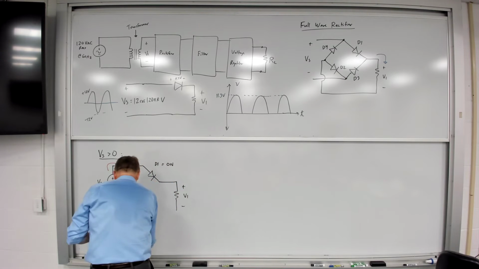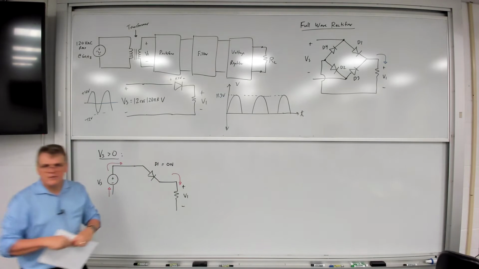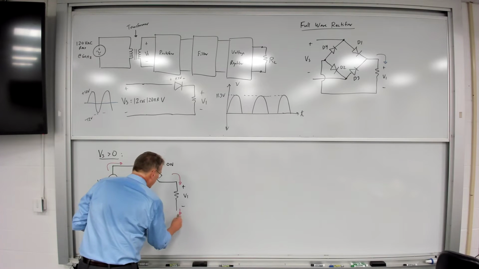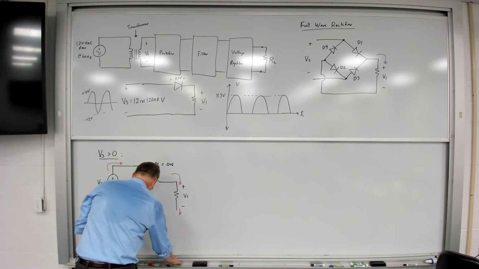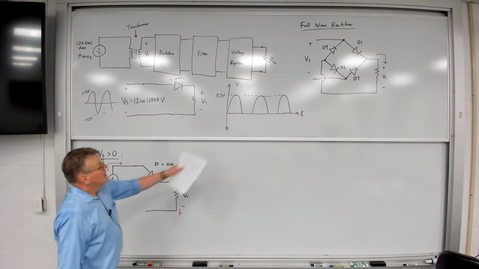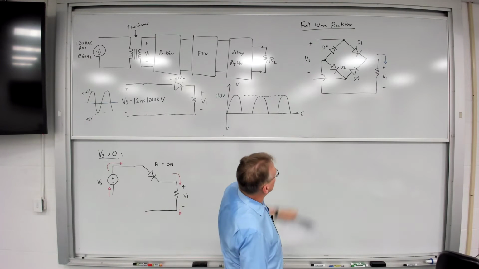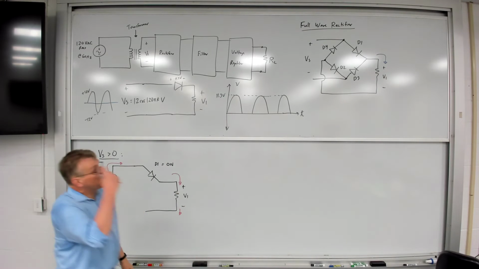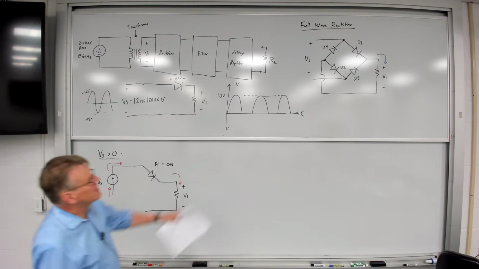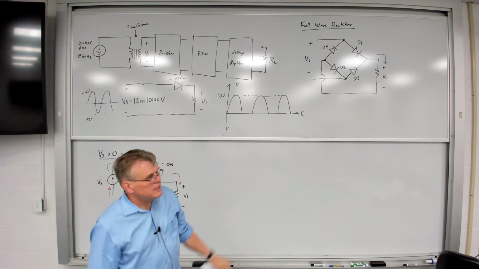And then that current is going to flow into the top of the resistor, flow out the bottom of the resistor, and then it's going to travel back around until it reaches the junction of D2 and D4. All right? So looking at this, I see two possible paths, D2 and D4.